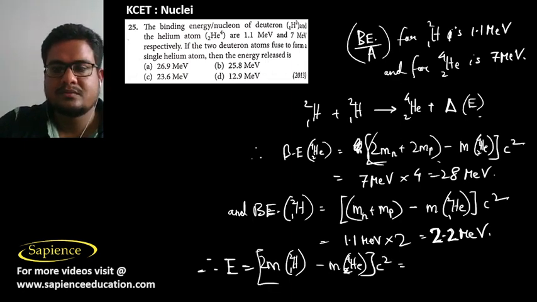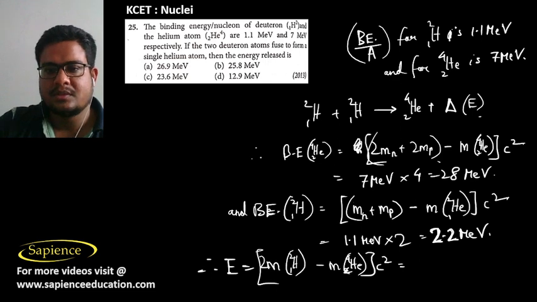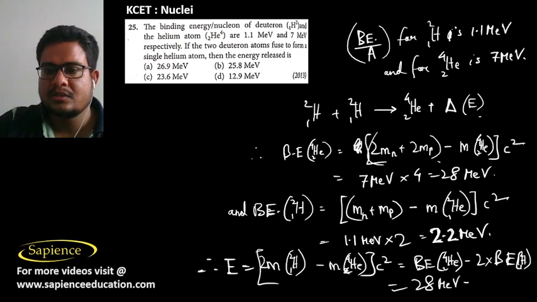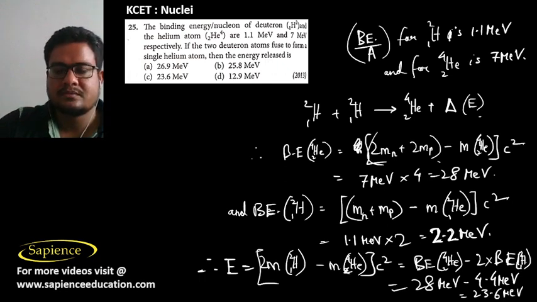That is equal to the binding energy of helium minus twice the binding energy of deuteron. So that we have to find. 28 mega electron volt minus 4.4 mega electron volt is equal to 23.6 mega electron volt. Option C is the correct answer.